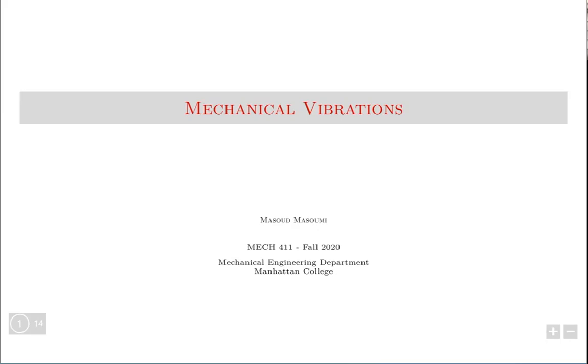Now, in this class, I want to look at a different type of vibrating system, similar in nature, you will see, but different in form. It's a very common type of vibrating system in mechanical vibrations, and that's the spring mass system. We're going to do what we did for a pendulum.